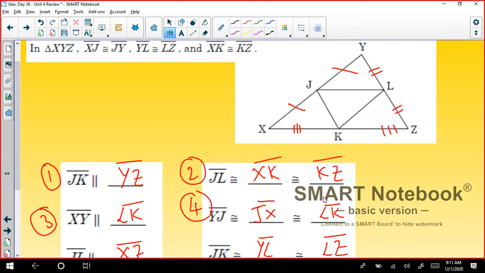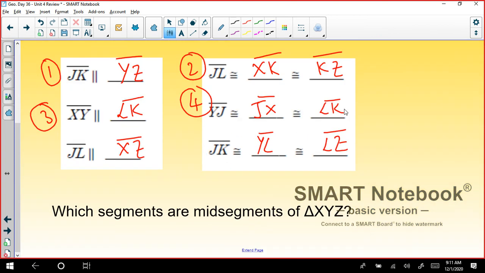Because if these two are congruent, then J will act as the midpoint and same way L will act as the midpoint. So JL is one of the mid segments and LK is the other mid segment and JK is the other mid segment. So we will have JL, LK and KJ are the three mid segments.